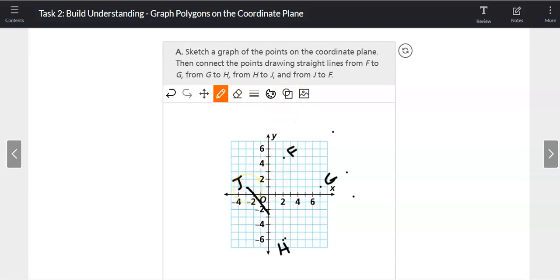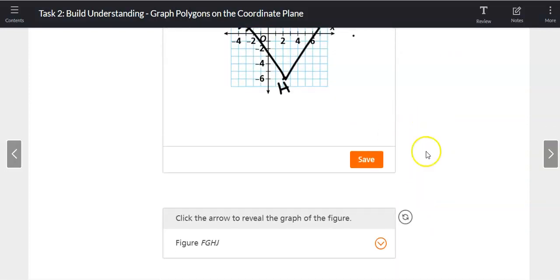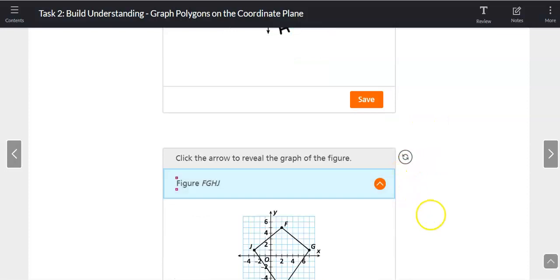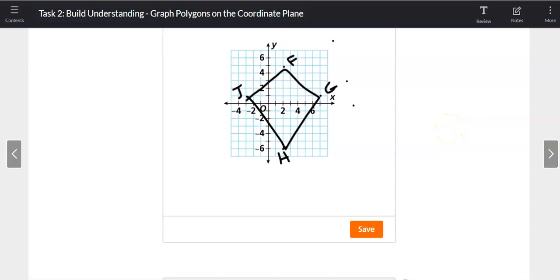So try your best. Line, line, line, line. Not the best, but that's okay. You guys hit save, I'm not going to hit save. If you go right here, that's what it's supposed to look like. So I look pretty similar to that.